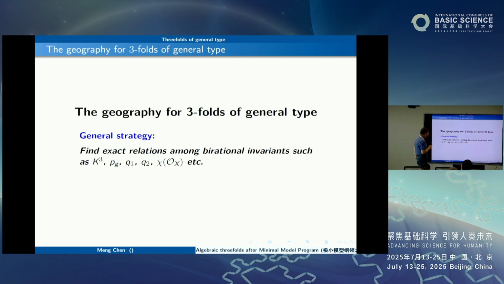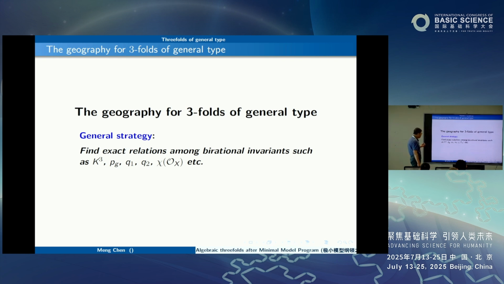The geography for threefolds in general: we want to define some invariant map from the set of threefold classes to another space. The point is how many invariants are enough to study the geography and study moduli.